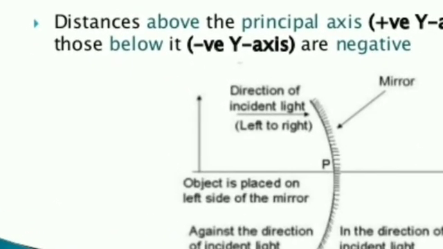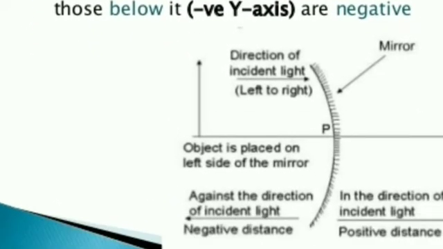Once again, I will repeat it for you. The first thing is that we have to keep the object always on the left. Second, whenever we measure any distance, it will be from the pole. You know that the left hand side indicates the negative x-axis and the right hand side indicates the positive x-axis.